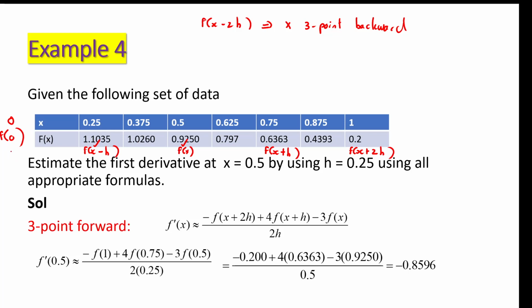So you can calculate using only 4 formulas: 2-point forward and backward, 3-point central, and 3-point forward. Total 8 formulas, because we add 2 more formulas for the second derivative.